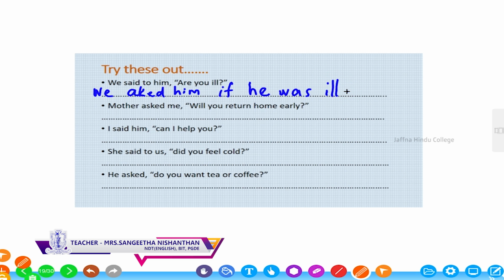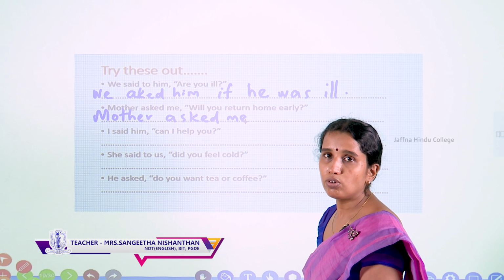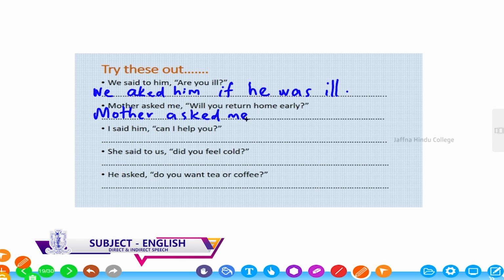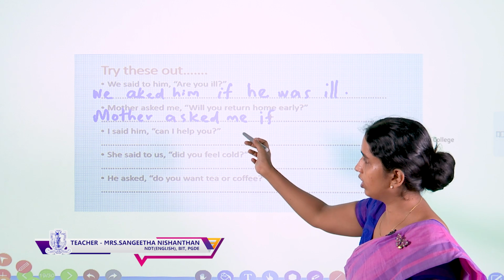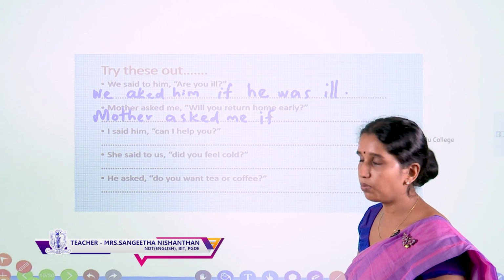Can you understand? Next one. Mother asked me. This is a yes or no question. So, you can use if or whether. If the will goes after the subject and the subject is you, the question is questioned towards me.